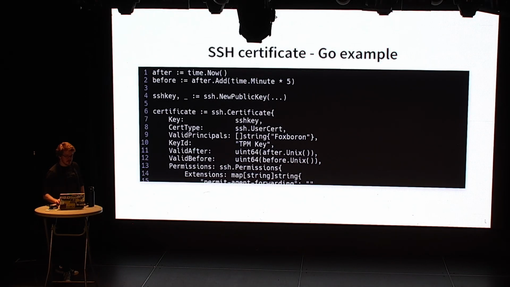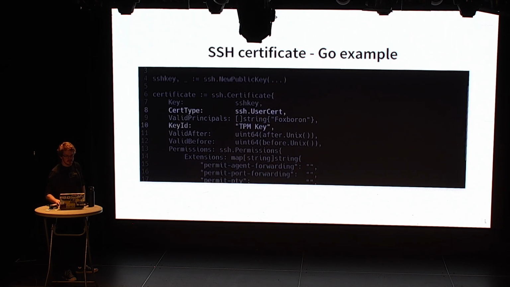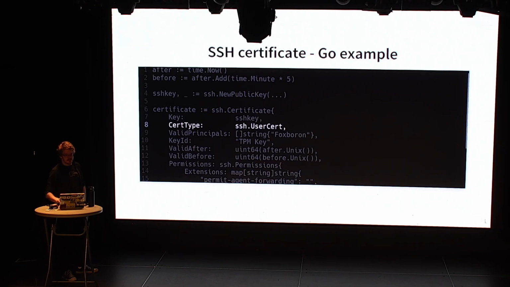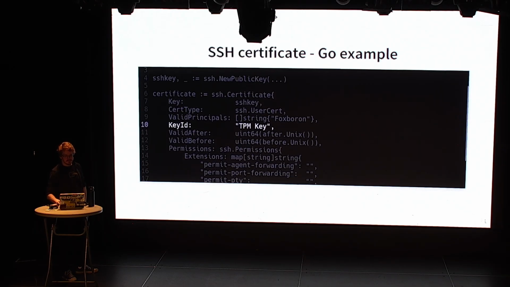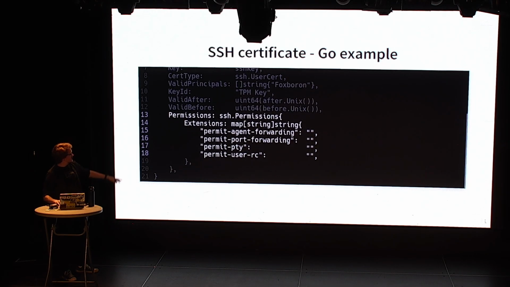So, another Go example: we define some time range, right now, and then add 5 minutes to it. We can make a new SSH key, and then we can make an SSH certificate. So we say it's a user cert. We give it a key ID, which is the TPM. It has valid after and valid before, which is the time range it should be valid. And we can give it a set of permissions.